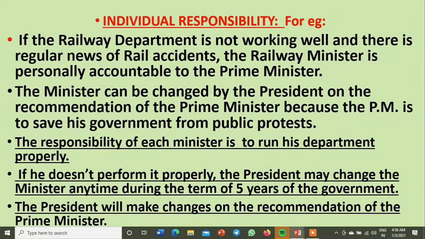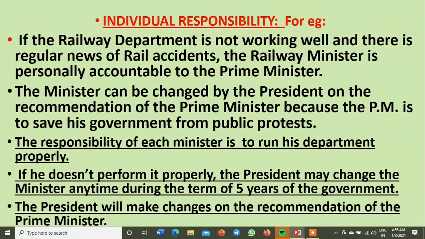The public will speak against the prime minister, not against the railway minister. So, naturally, if there are regular rail accidents, the prime minister tells the president to change the railway minister.